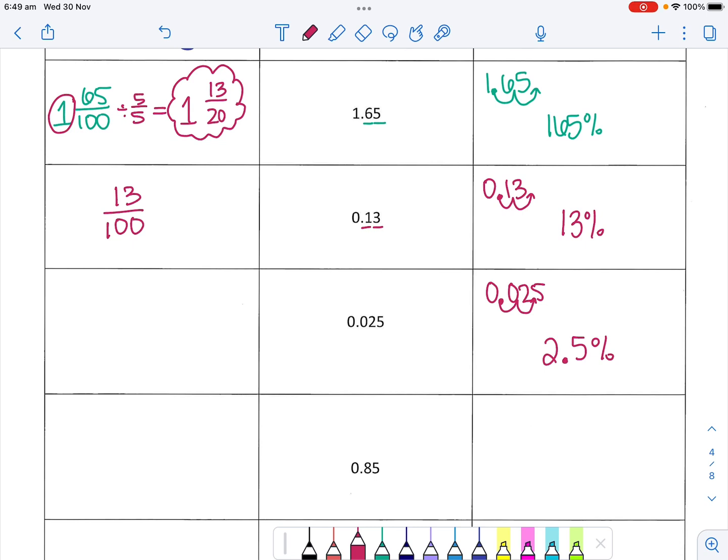And then 0.025 has 3 decimal places, so this is going to be 25 over 1,000. And 25 goes into 1,000, so that's my greatest common factor. So I get 1 over 40.